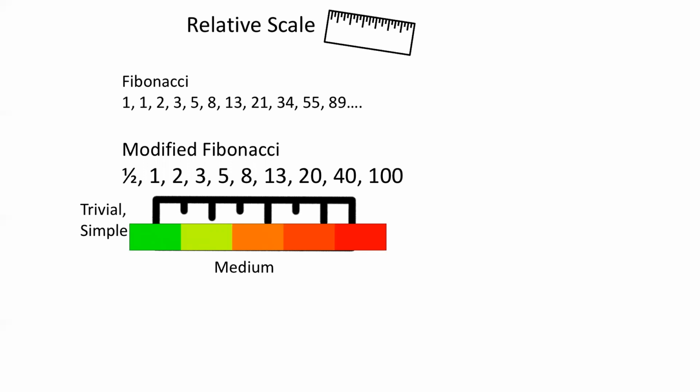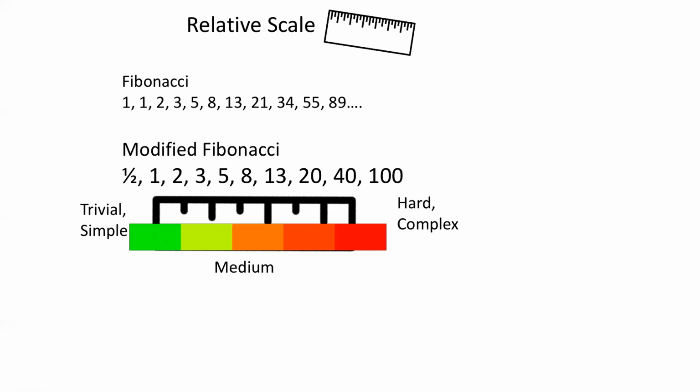In the middle, you have the medium complexity tasks, 3, 5, 8, 13 or so. And after that, on the right-hand side of the spectrum, you have the hard and really complex ones. So this gives you a good idea about what is the scale that we can use in such agile estimation when it comes to relative sizing.